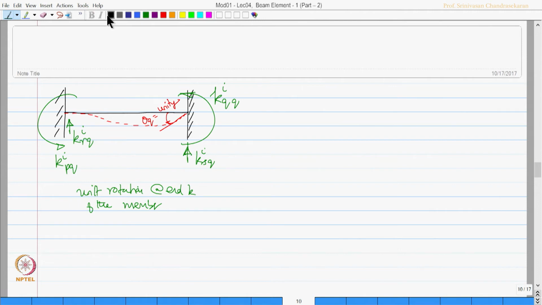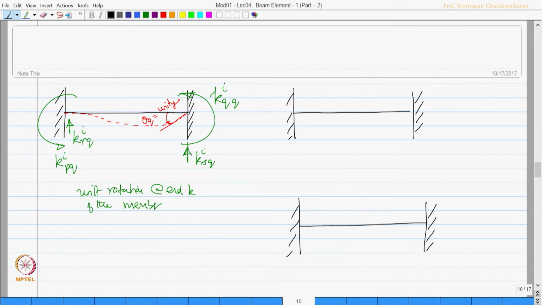Similarly, I can also cause unit displacement at the jth end and unit displacement at the kth end. So, let us say I want to create a unit displacement at this end.